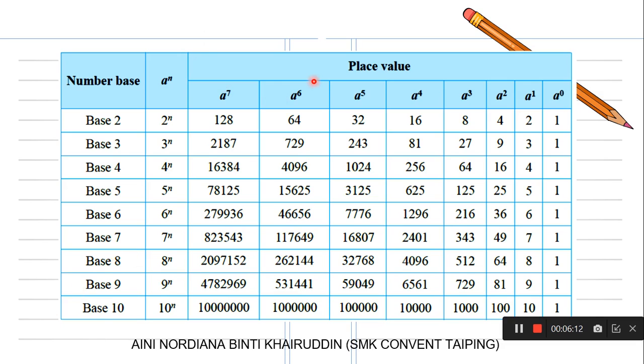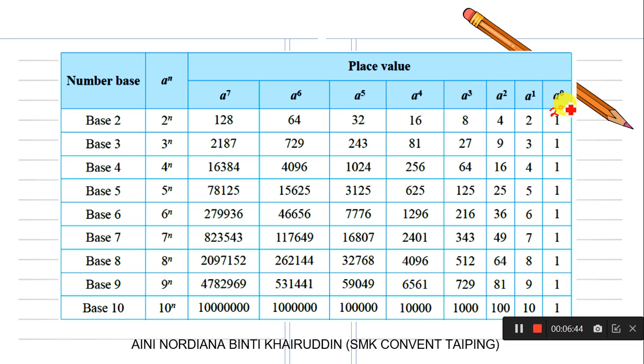So, this is the place value for all the number bases. As you can see, for base 2, it is 2 to the power of n. So start with A to the power of 0. Okay, let me use the pen so that it is easier for you to see. So for base 2, this is actually 2 to the power of 0.